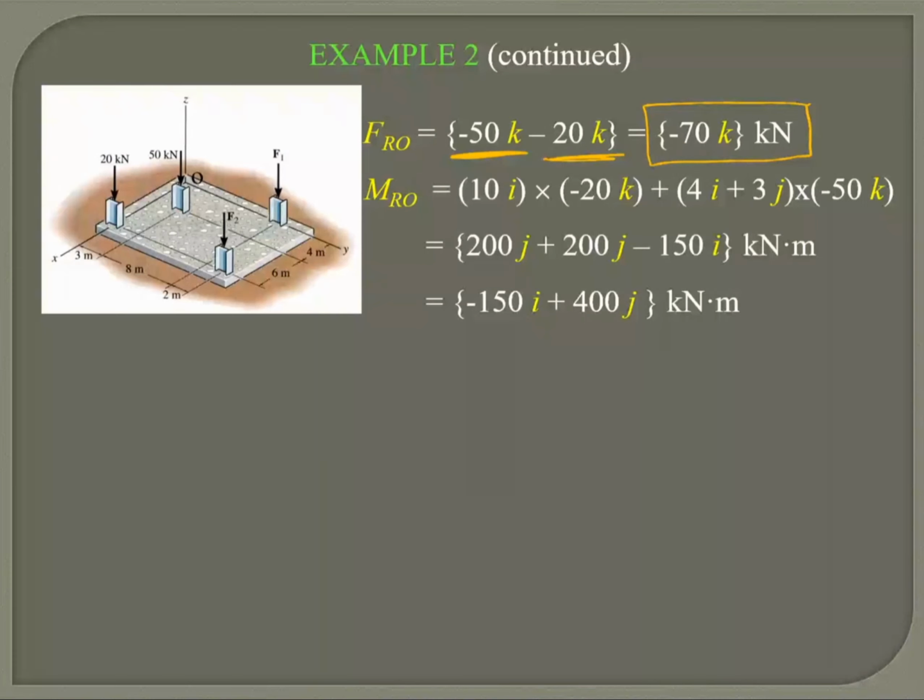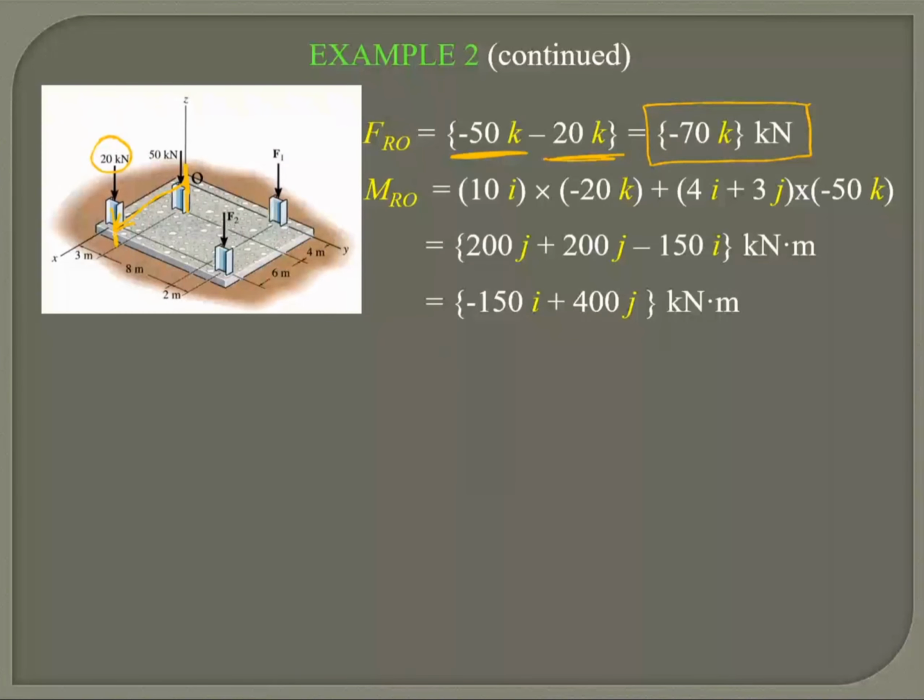Now, if I take moment at point O using matrix, I can do, remember, M equals R cross F. Do you remember this? Okay, so R I can use from O to this point, because I'm calculating the moment created by this force here. So R is from this point to this point here.